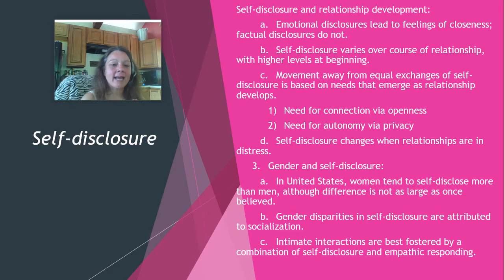Like I said, we need that autonomy. We want to be individuals, we want to be acknowledged as individuals, but once again, in order to move forward in those positive and productive ways, if you really want to work with somebody, then you have to put all your cards out there on the table. And sometimes it's not always a good thing, because sometimes too much disclosure can cause a relationship to go the wrong way.